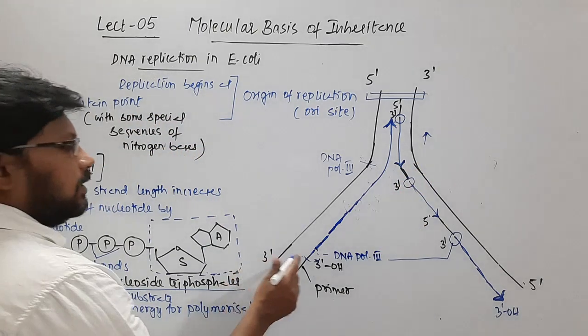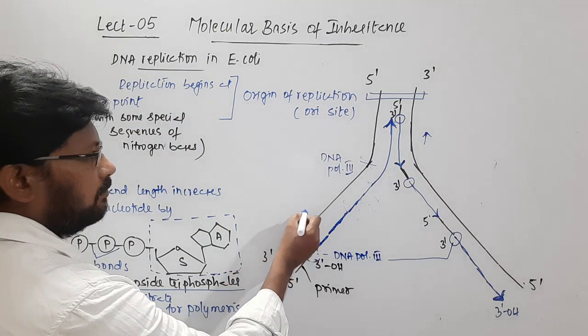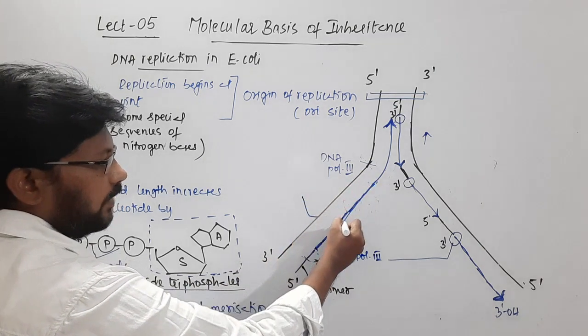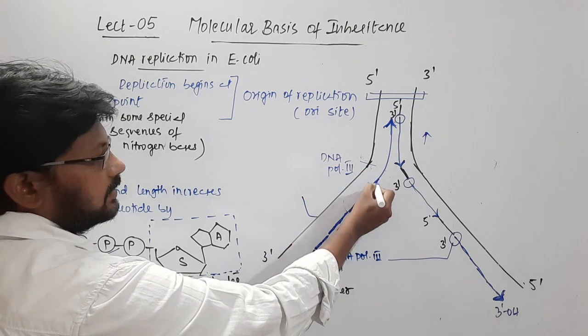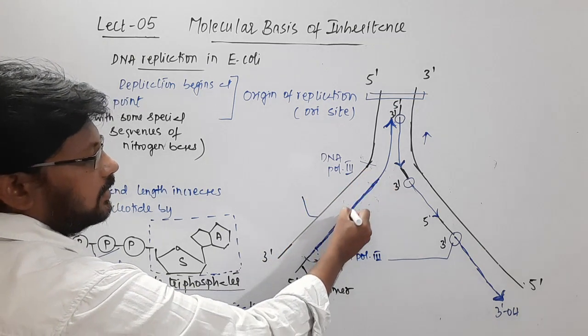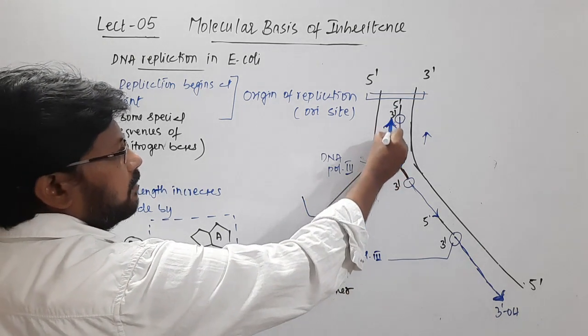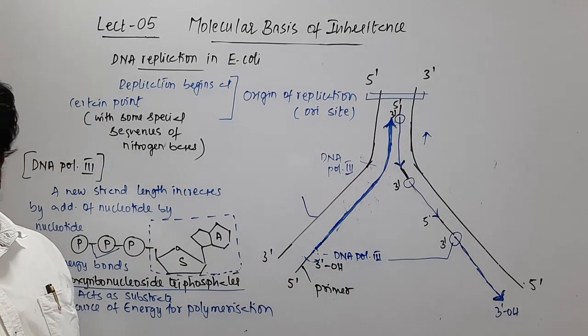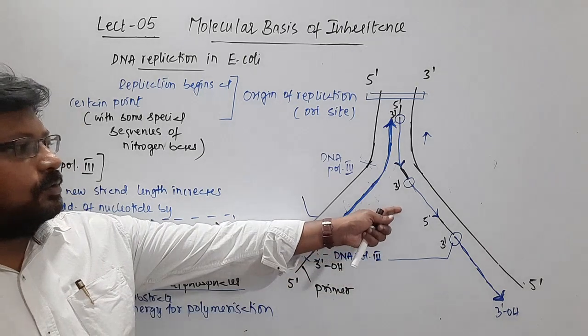So for this reason, this strand will be synthesized very quickly. As there is only one primer required, there won't be any problem in this strand. Hence, the synthesis of this strand will be faster when compared to this.